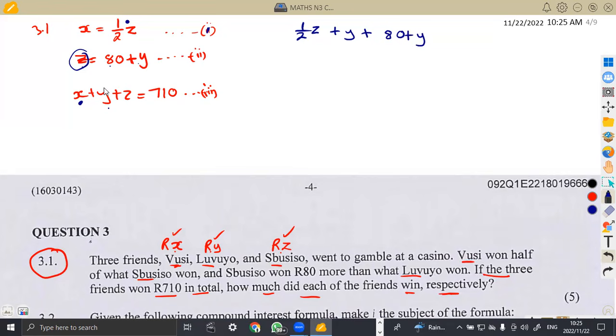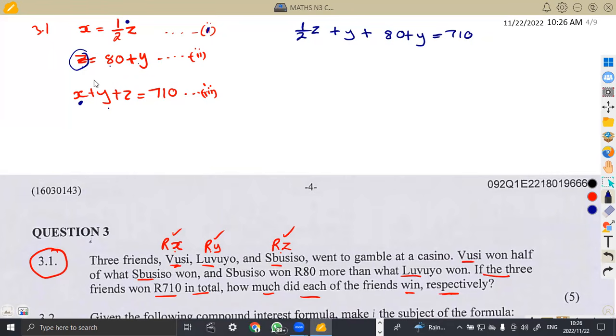I want us to have only Z or only Y in this case. So this is going to be 710. We said X is half of Z, so we can actually have it in terms of Z.